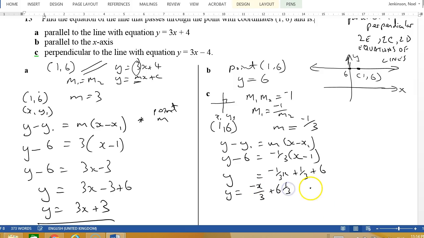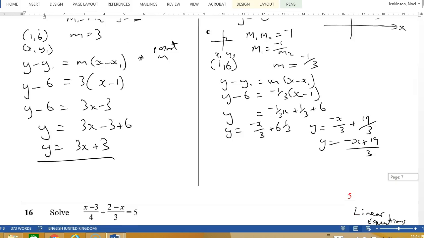That could be written as y equals negative x on 3 plus 19 on 3.